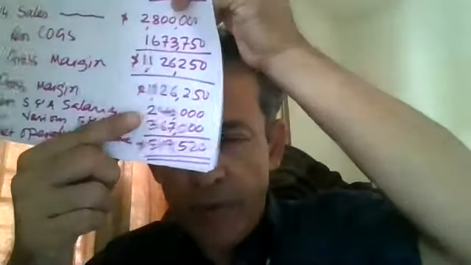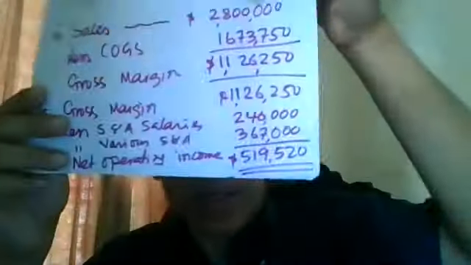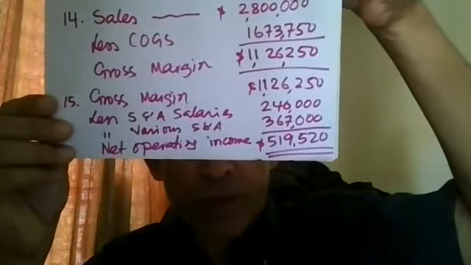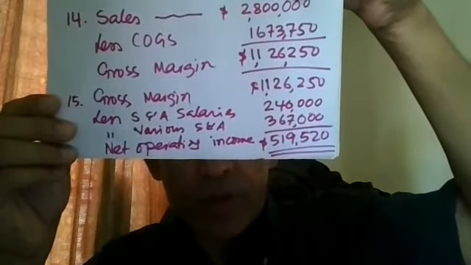So you have selling and admin salaries of 540 and other selling and admin expenses of $367,000. So take a look. So the two together, I'm going to take the two off. That would give you net operating income. Net operating income from the operations for the period.